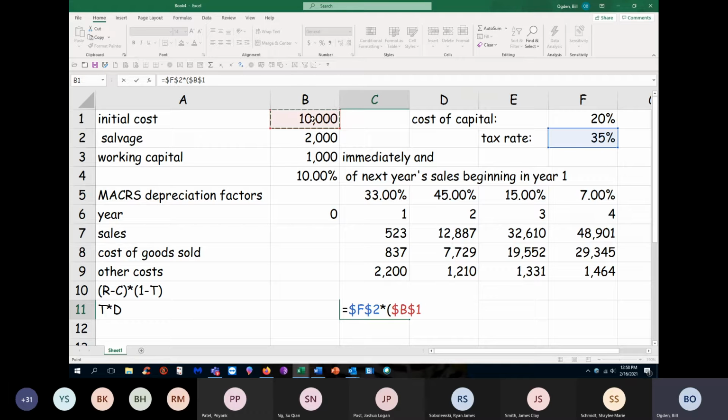Can I take 100% of it the first year? I cannot. I can take 33% of it. So I'm taking $10,000 times 33% times the tax rate. So T times depreciation. This is what I get.